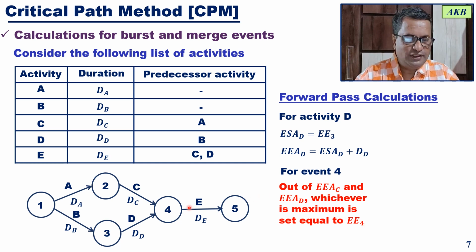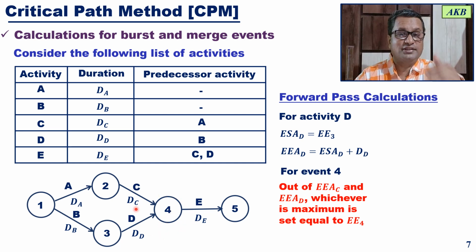Okay. So what is the case? For a merge event, where two or more activities are ending at that event, what is to be done? The earliest event time for that event is equal to the maximum of all the earliest end times of the activities.